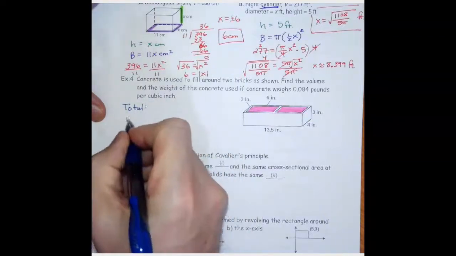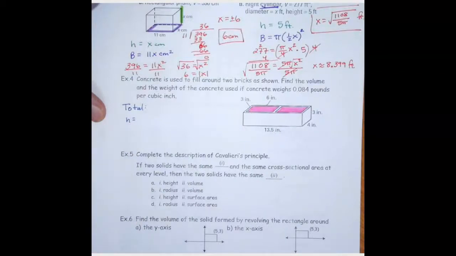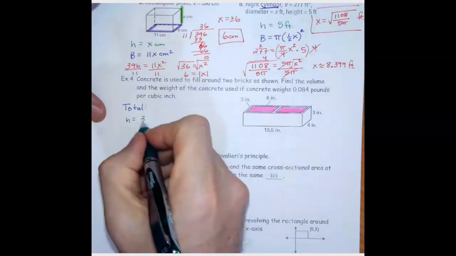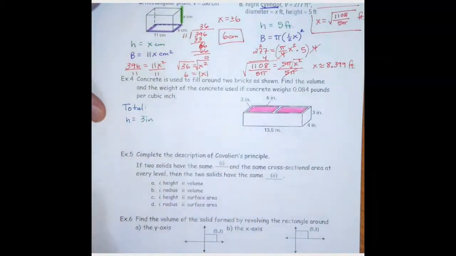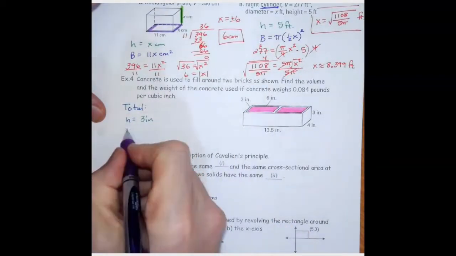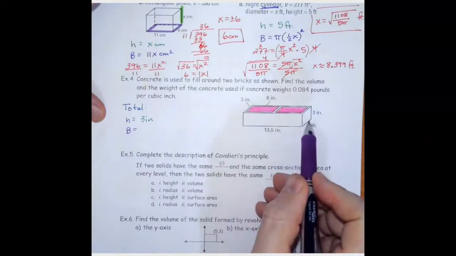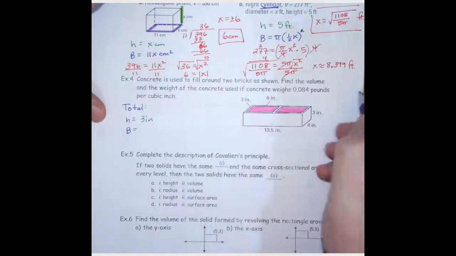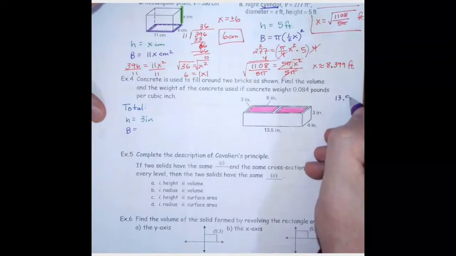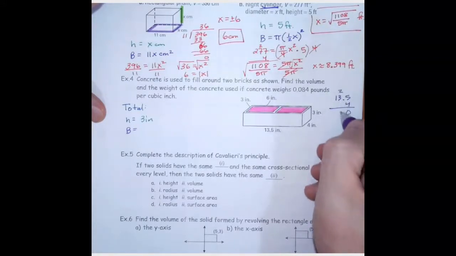So the total, we're going to want the height, which is 3 inches. And then we're going to want the area of the base, which is 13.5 times 4. So 13.5 times 4, carry the 2, that's 12, 13, 14, okay, that's 5.